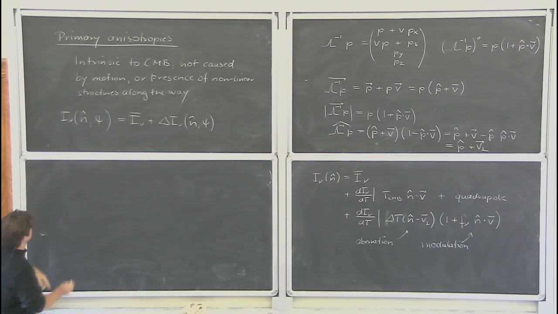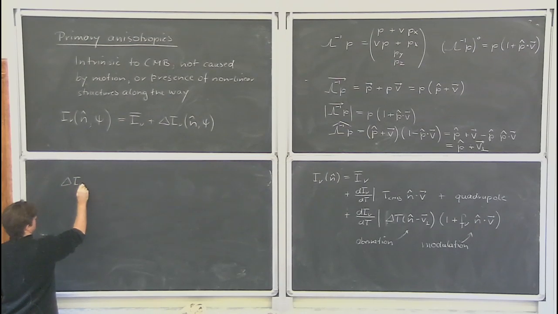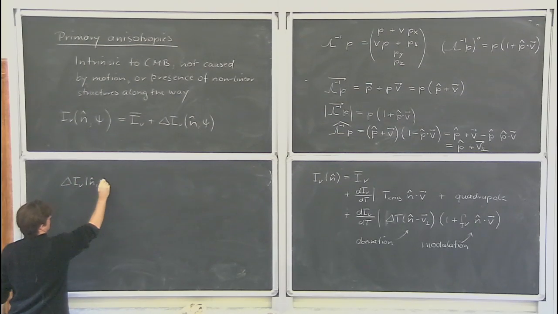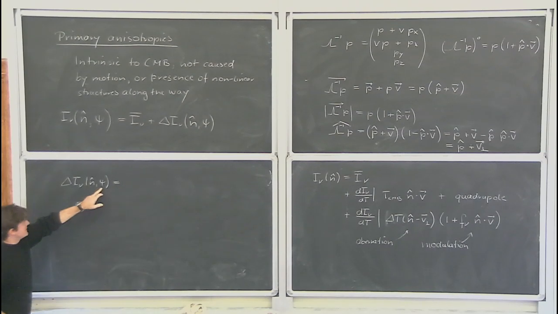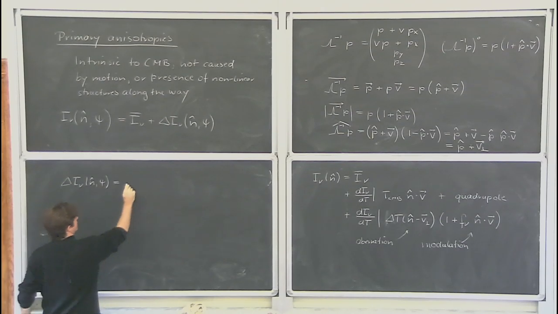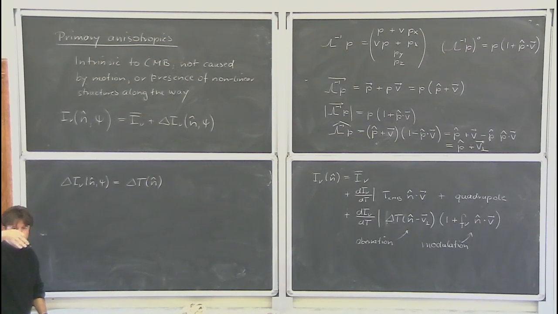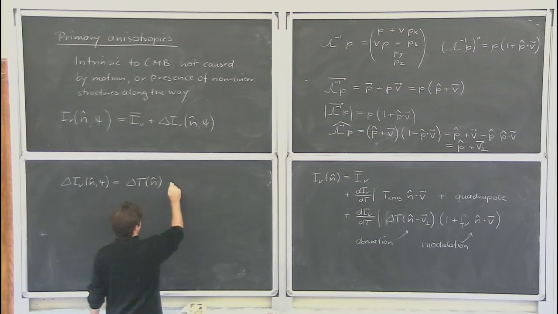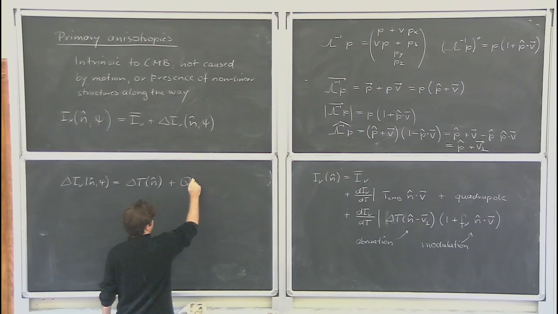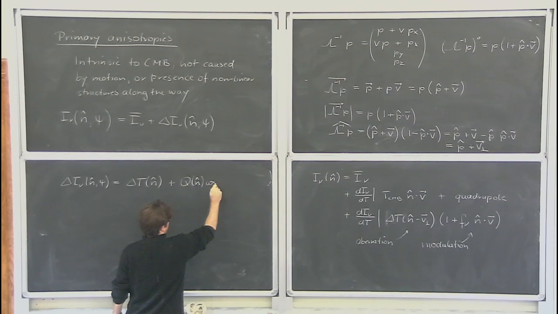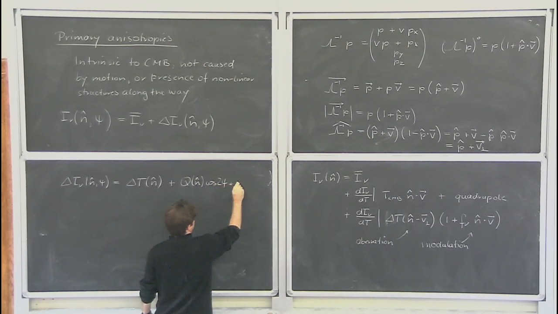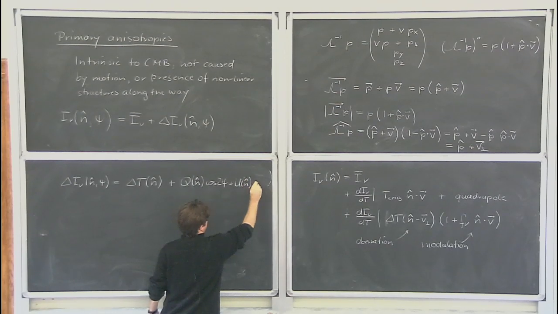Okay, so the perturbation to the intensity then has a contribution that's independent of the orientation of your polarization filter. That's usually referred to as the temperature or intensity. So delta T, I'll call it, of n hat, independent of the orientation of the polarization filter. And then you have what is called Q of n hat times cosine of 2 times psi plus U of n hat times sine of 2 times psi.